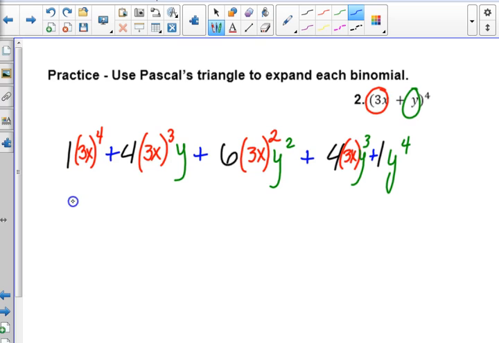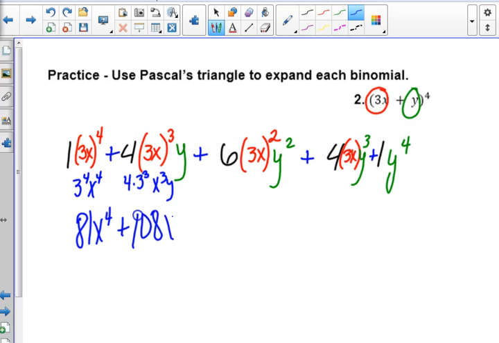So can somebody simplify that? Be careful. Remember we're doing 3 to the 4th there, right? So we get 81x to the 4th. This is a 4 and 3 cubed: 108x cubed y.